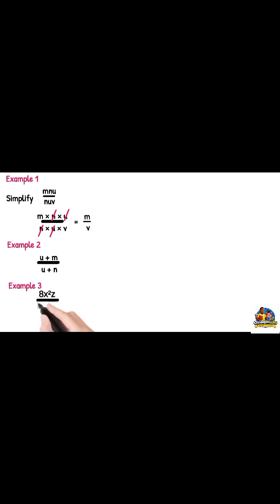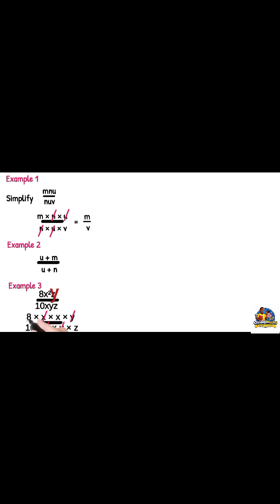Example 3. 8x squared z over 10xyz. We can write this as 8 times x times x times z, then 10 times x times y times z. X cancels x. Y cancels y.